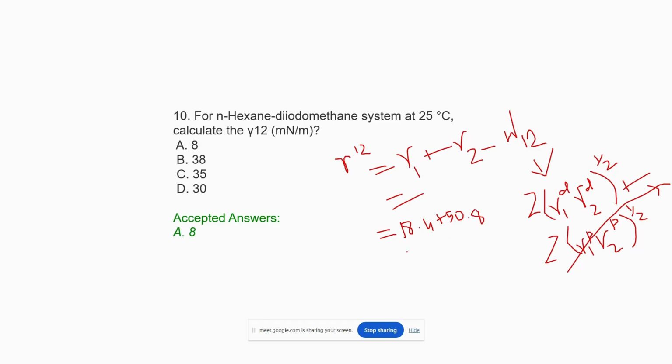Ma'am, for the exam, do we have to memorize the whole table, the standard values, or will it be given in the question? I'm not really sure, but for the exam I think the table as a reference might be given. And what about the calculators? Can we carry our calculators? I don't know.